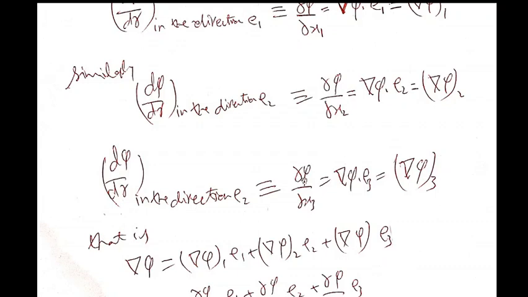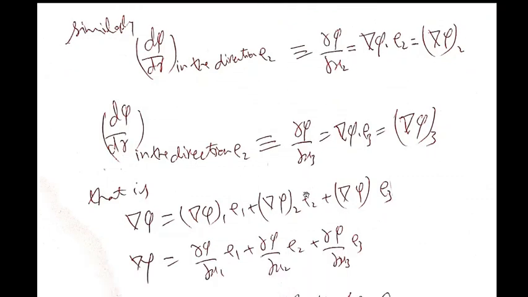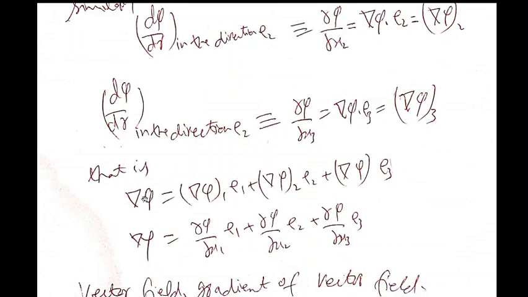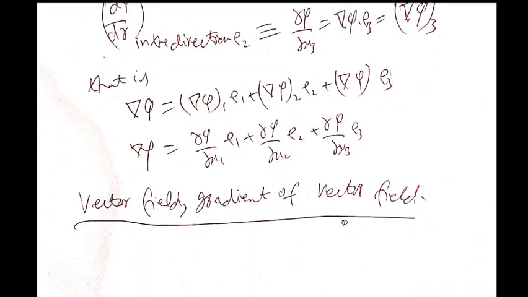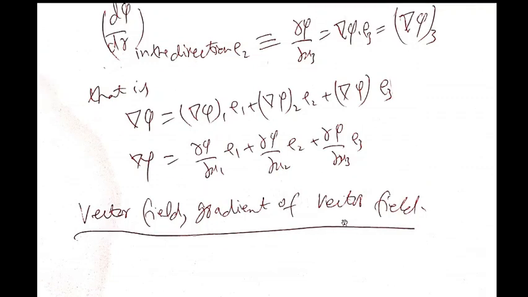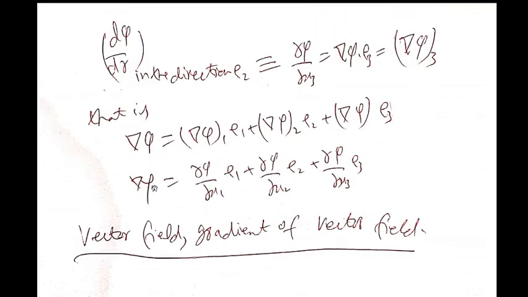So since this is a vector, we can write it as first component e1 plus second component e2 plus third component e3: partial phi partial x1 e1 plus partial phi partial x2 e2 plus partial phi partial x3 e3. Now this was the gradient of scalar function.